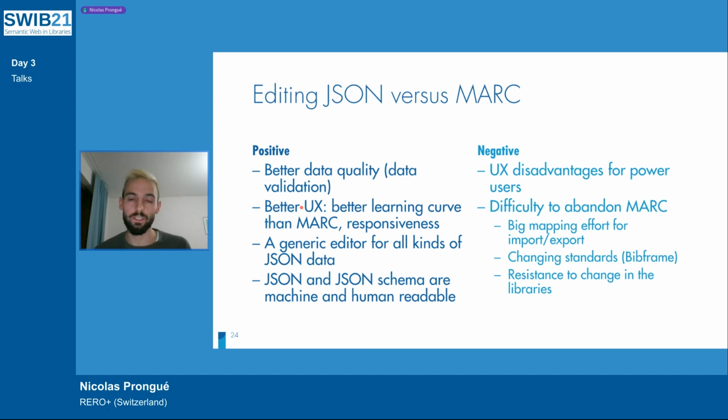We already had positive feedback from our librarians that it was easier to introduce this editor to new people arriving in the library. We have better data quality because we have direct validation. And again, this editor is generic for all kinds of JSON data.